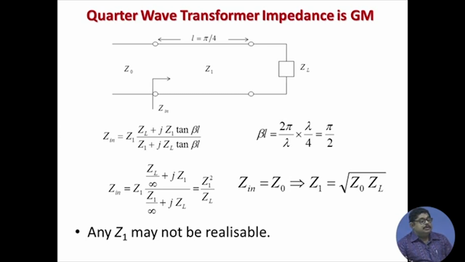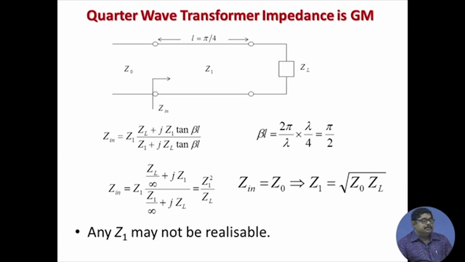That Z1 turns out to be the square root of Z naught ZL, that means the geometric mean of the transmission line characteristic impedance and the load impedance.